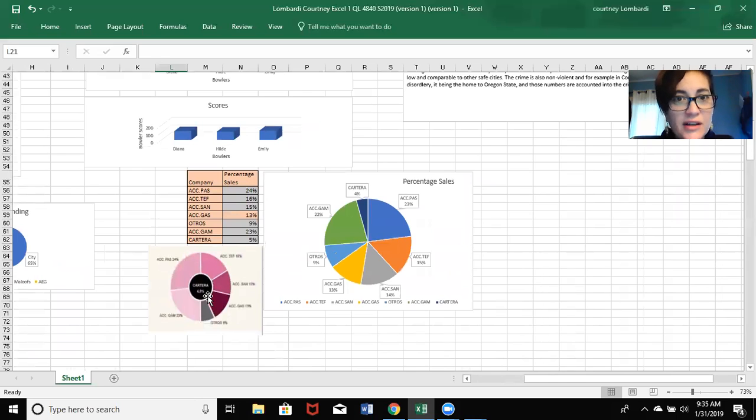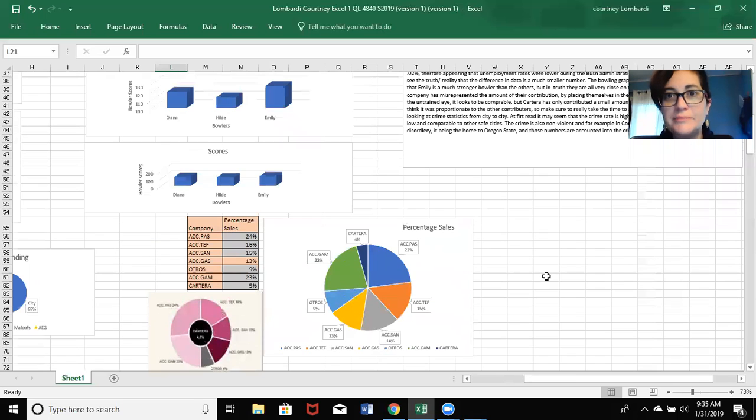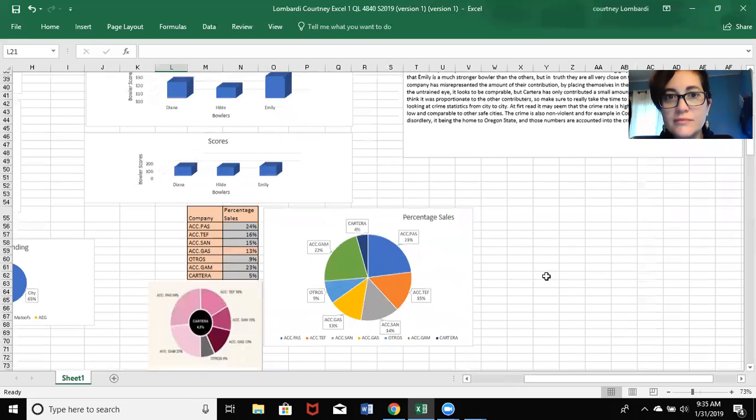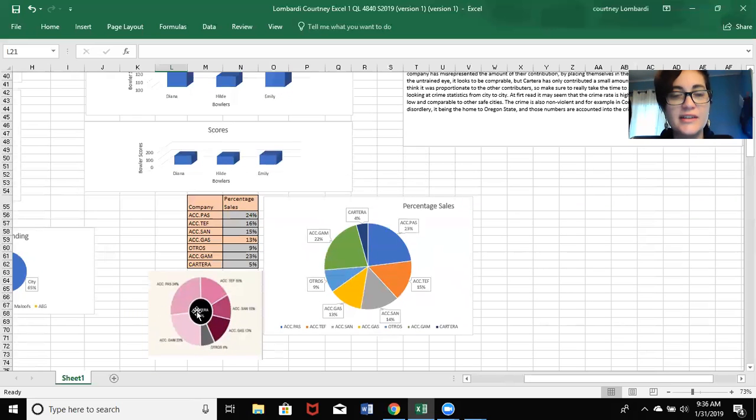Same here with Katira. They've put themselves in the middle to make it look like there's some grand distributor. They hold precedence over the rest of these companies when they've contributed the least. It's misleading. It's deceitful.